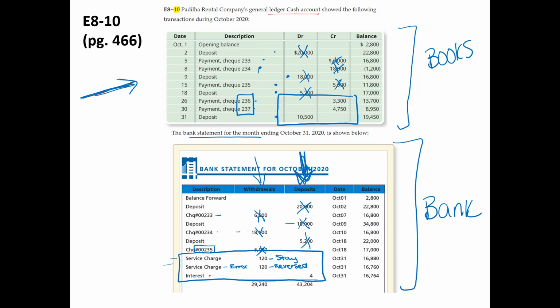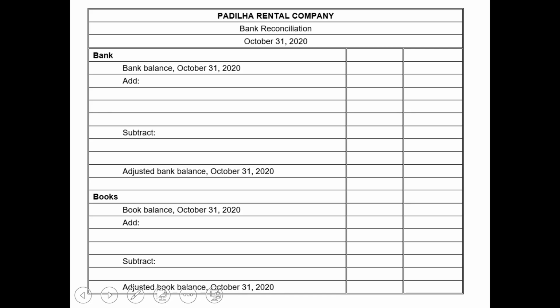Okay, so we can go ahead and prepare the bank rec. That is what the question says. Prepare Padilla Rentals Company's bank reconciliation at October 31st. So I've got this set up here. You can do this quickly or as we go. If you want to pause it and set it up, that's great. To do a bank rec, we always start with the company name.